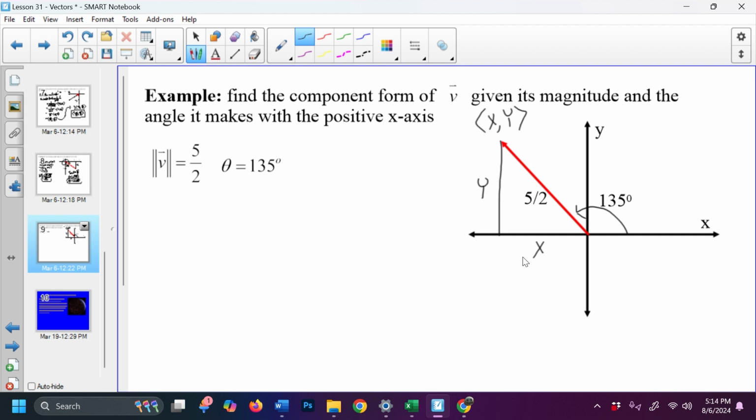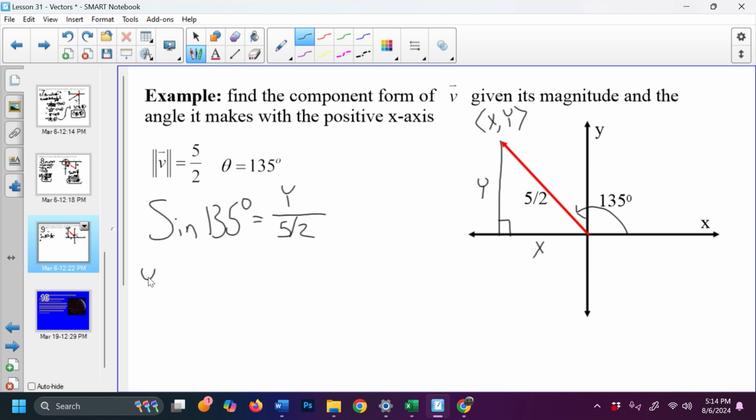So I am going to, in this case, use the fact that this magnitude here is a hypotenuse of a right triangle and get my y value by going the sine of 135 degrees is equal to the value for y, which is the opposite, over the hypotenuse, which is 5 halves.